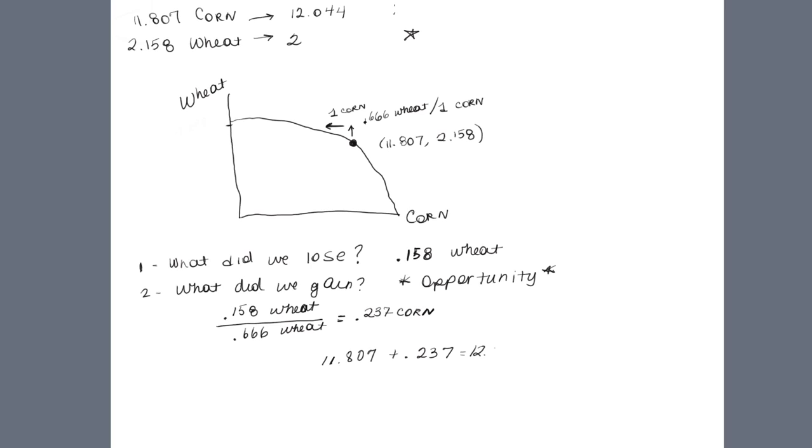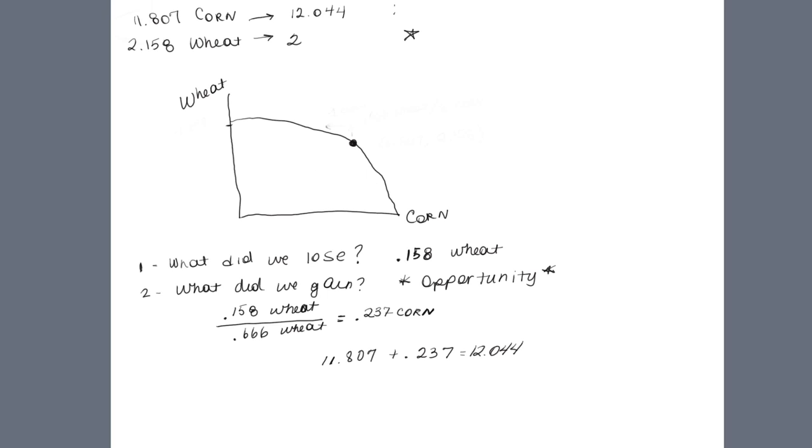So what that means is, let's just show you what's happening here. I'm going to erase all of this so we don't add any confusion, because we're moving in a different direction. We started at this point, which is, back in pen mode, 11.807, 2.158.